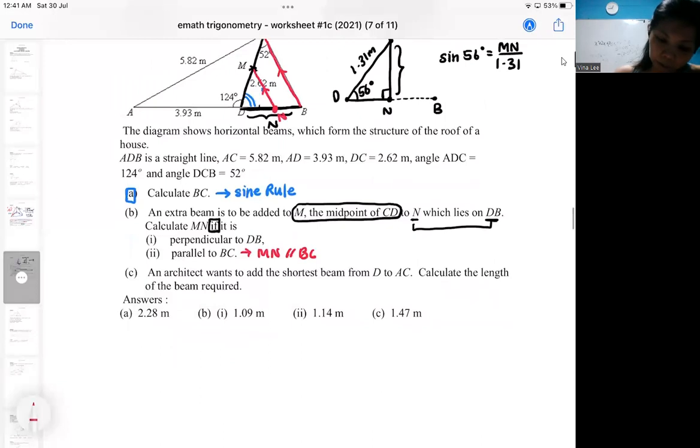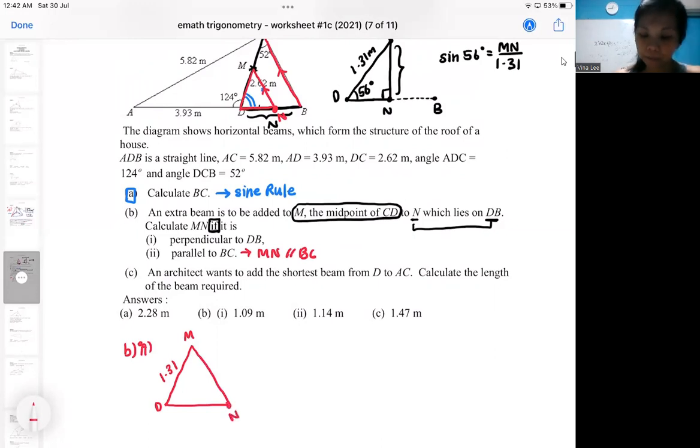So I'm going to narrow down into this triangle. So I'm going to draw my triangle here. So my MD will still be there. It will still be 1.31. So my N will be here so that it can be parallel to DB.